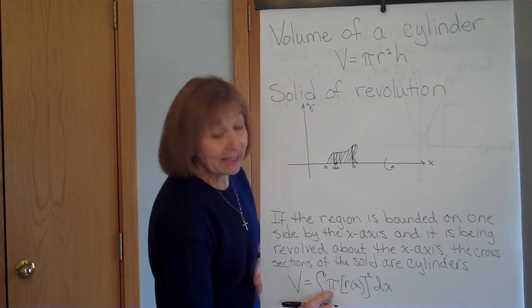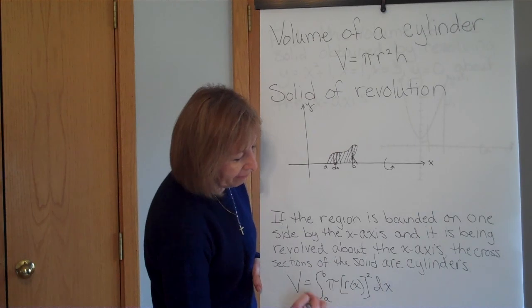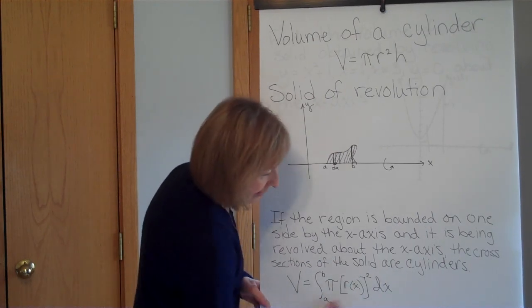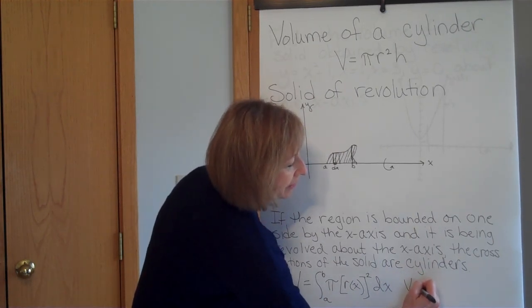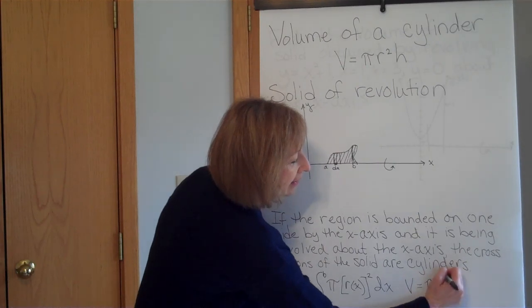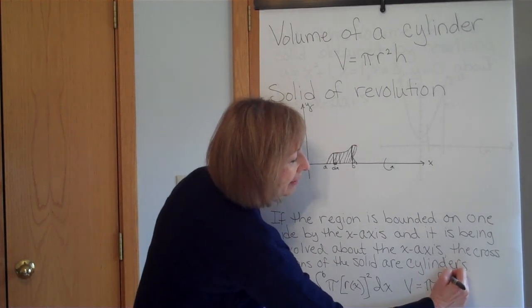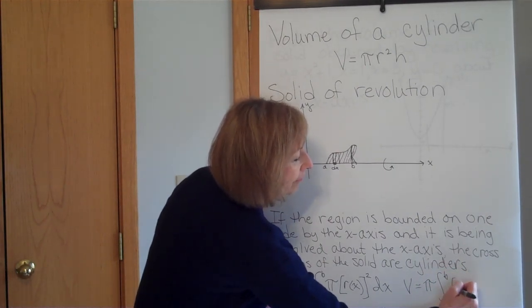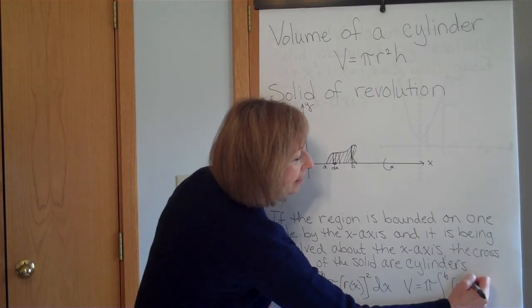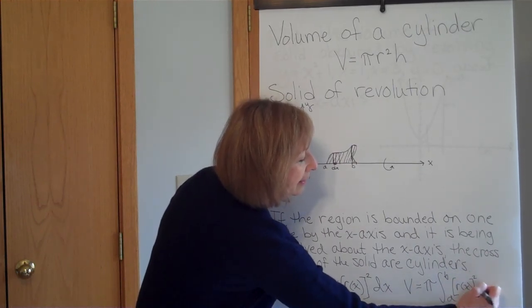Remember that pi is just a constant, so I can factor it out in front and get that the volume is equal to pi times the integral from a to b of r of x squared dx.